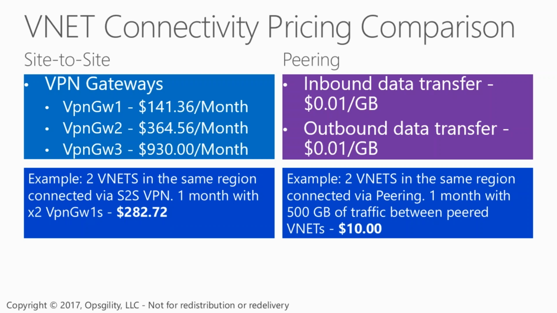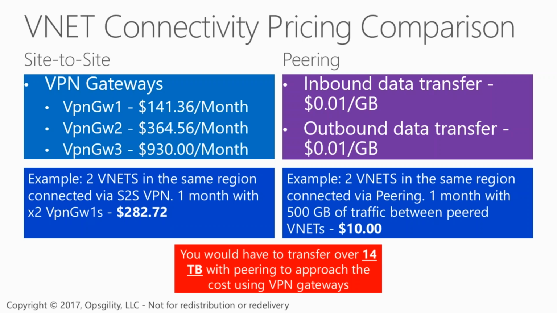So you can see it's a pretty substantial difference. In fact, if I really want to ramp up those numbers, I'd have to transfer over 14 terabytes of data with peering to approach that same cost for the VPN gateway connection type. It's a pretty big benefit here in terms of pricing.